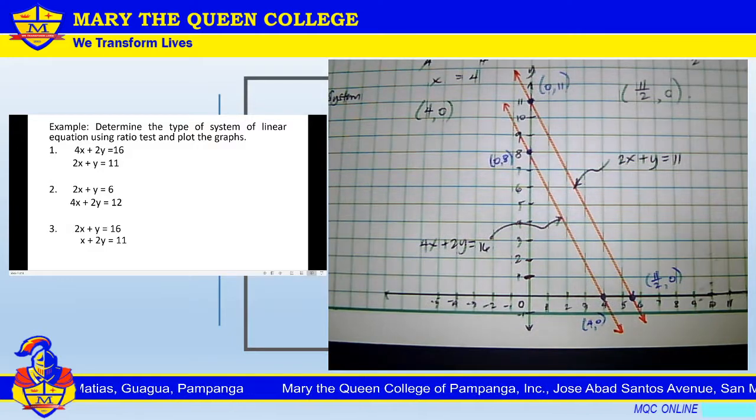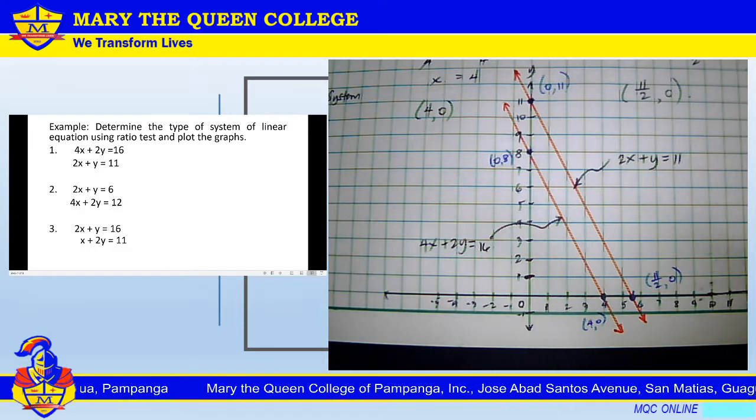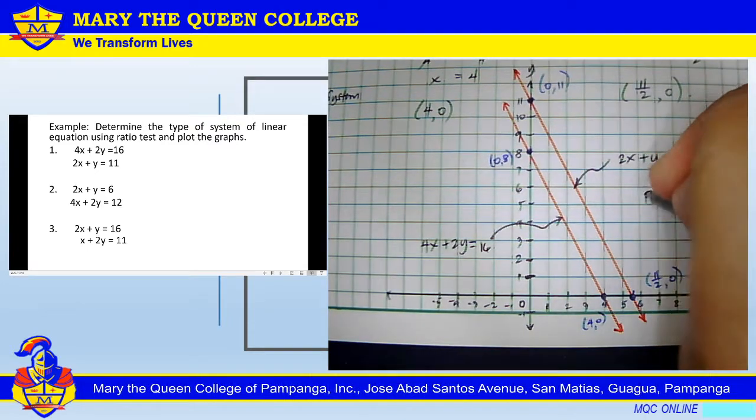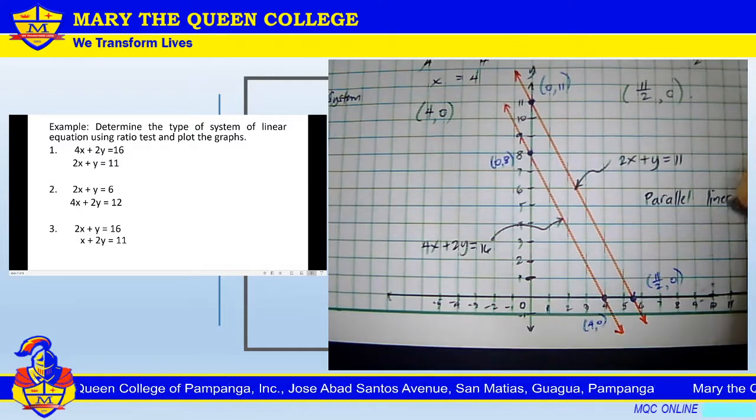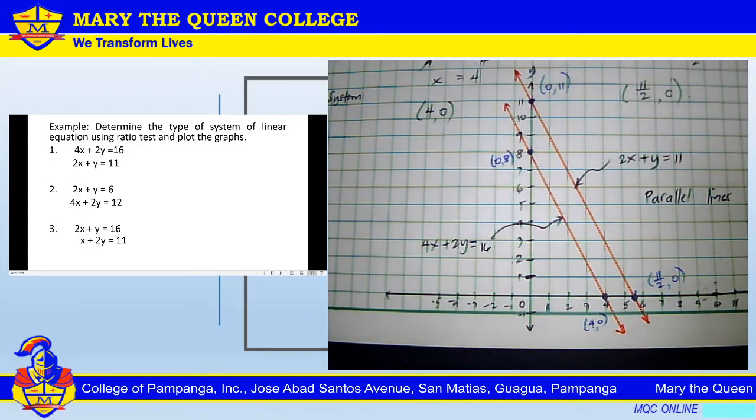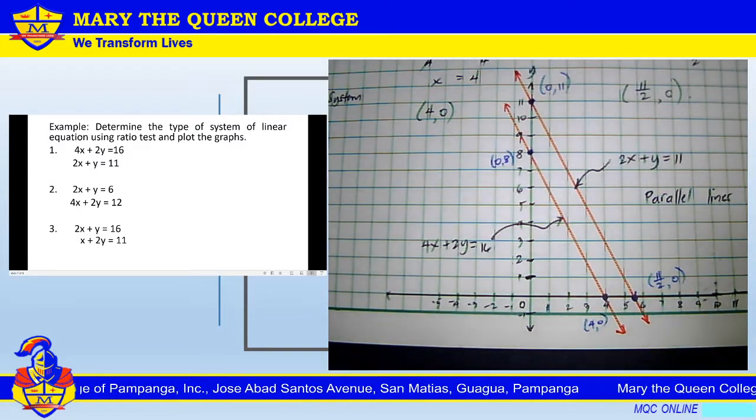By looking at our graph or our equations, what kind of lines do we have? Do they intersect at a certain point? No. Therefore, we produced parallel lines. So this is the description of an inconsistent system.